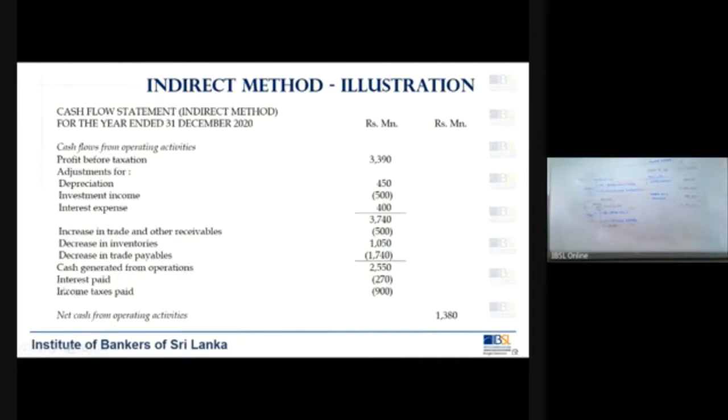You see? Actual interest paid, how much you have paid in terms of cash. Then increase in trade and other receivables, decrease in inventories, decrease in trade payables. These three are very important, and that is what we are going to look at.